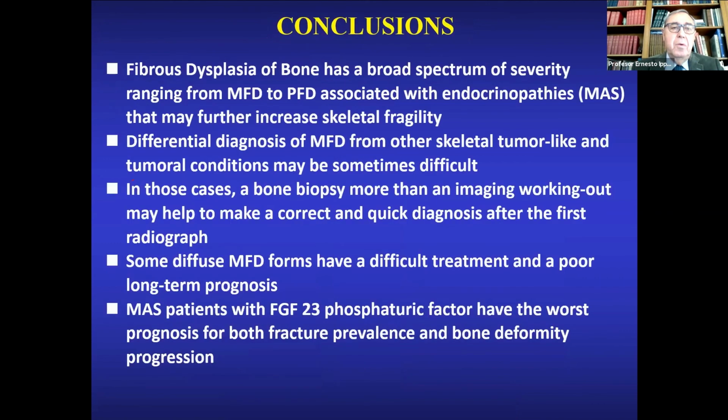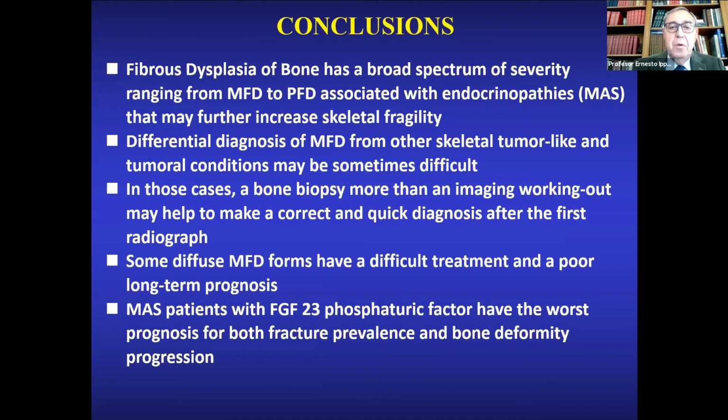So, in conclusion, fibrous dysplasia of bone has a broad spectrum of severity, ranging from localized monostotic forms to diffuse polyostotic forms associated with endocrinopathies, as in McCune-Albright syndrome, that may further increase skeletal fragility.